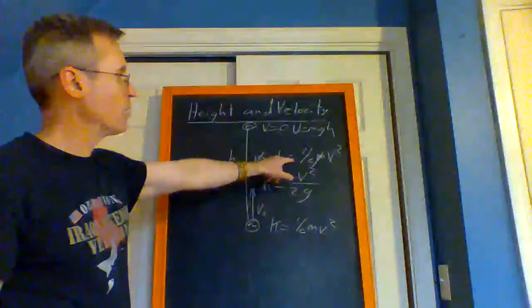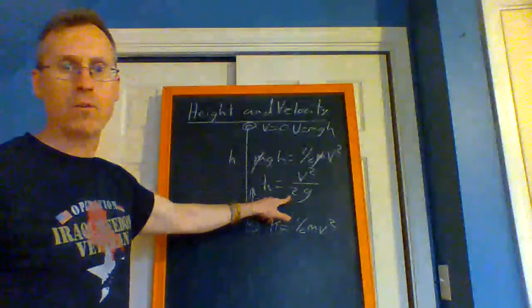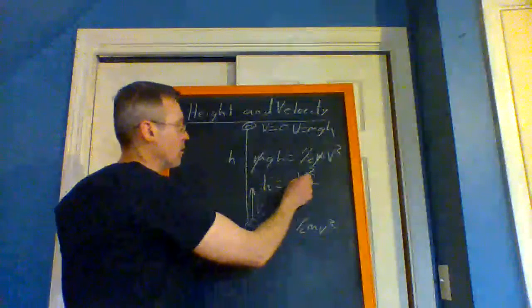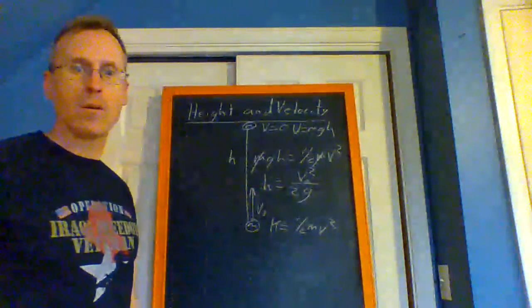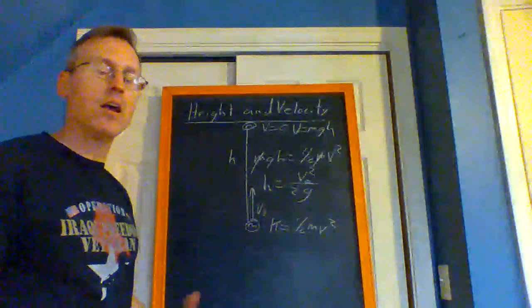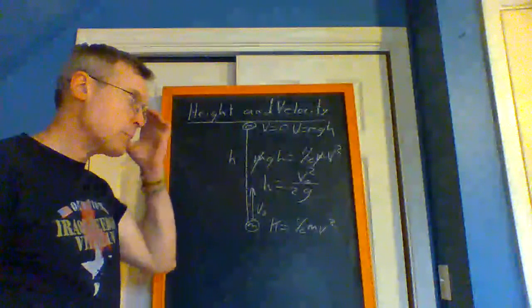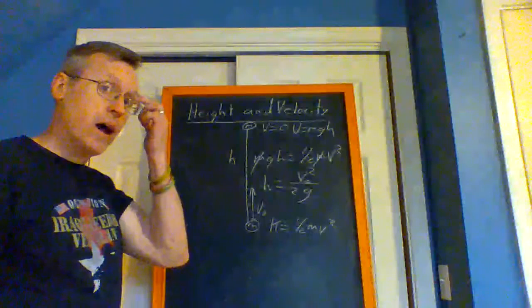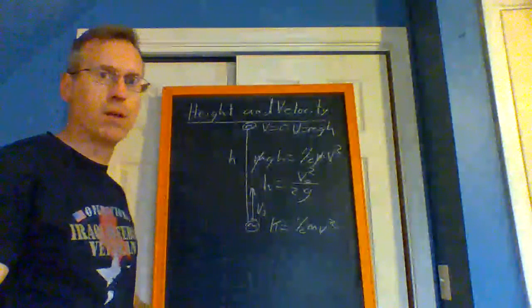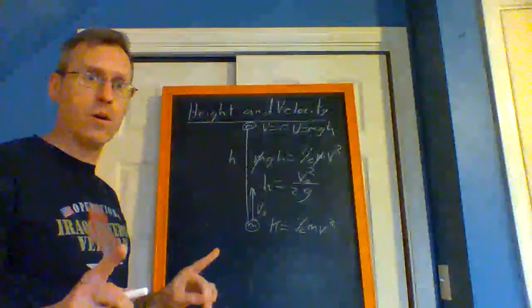All I did was take the 1/2 and put the 2 down there, so don't let that confuse you. Then I would just plug in my initial speed, whatever that initial speed was, and 2 and then 9.8. That would allow me to find the height that it would go up to if it were thrown up at that initial speed. Good to go on that?